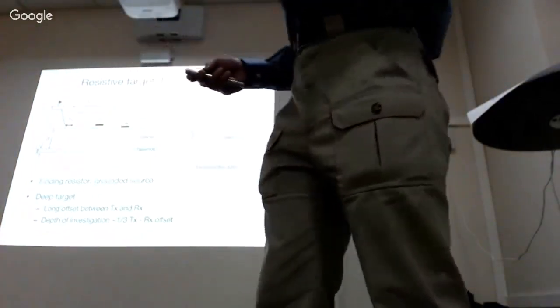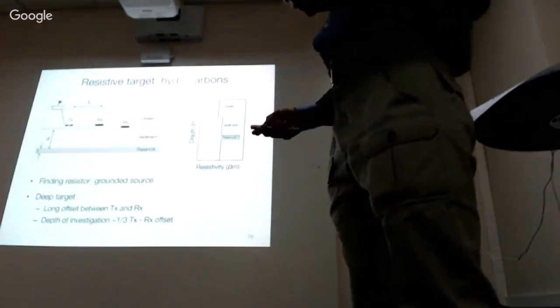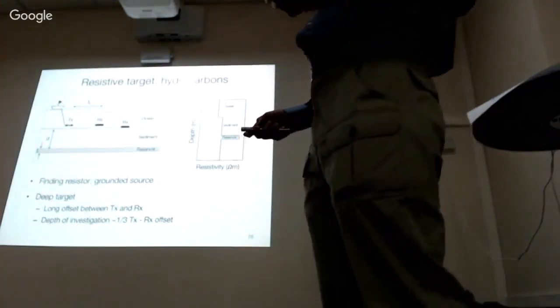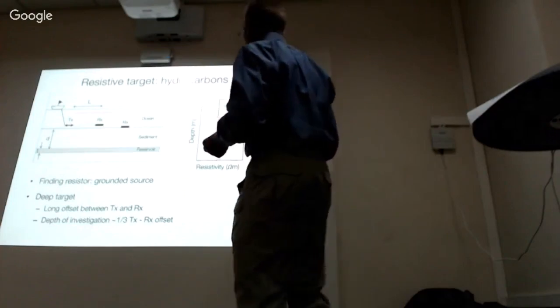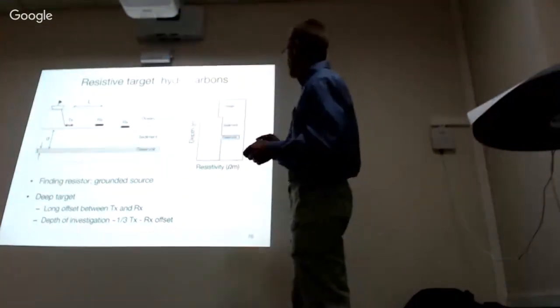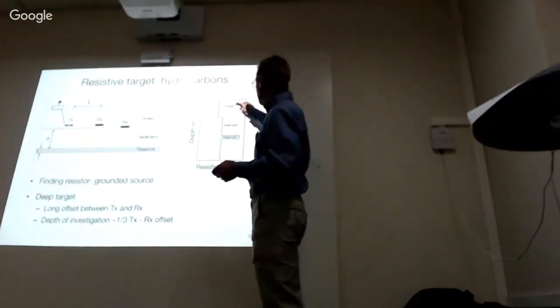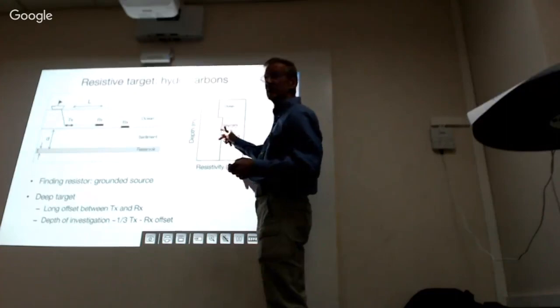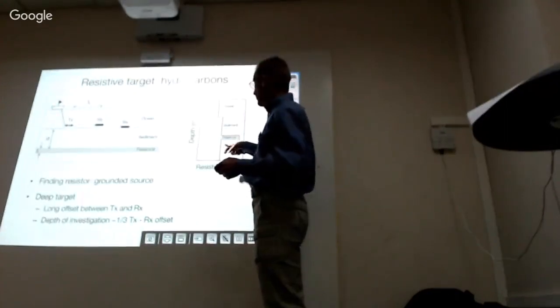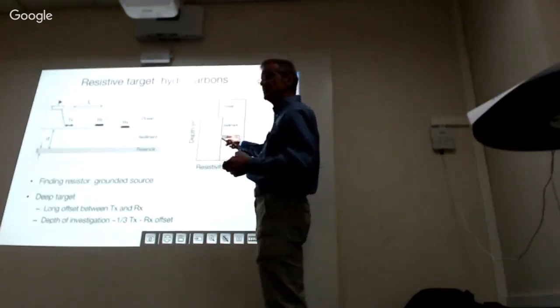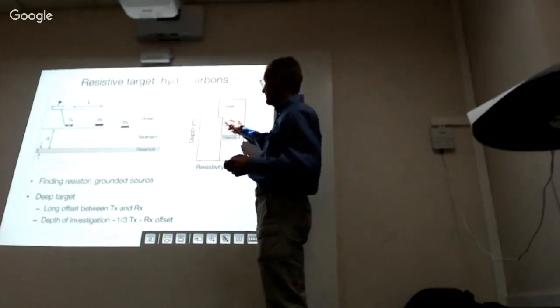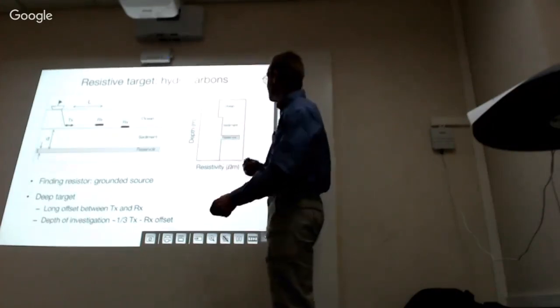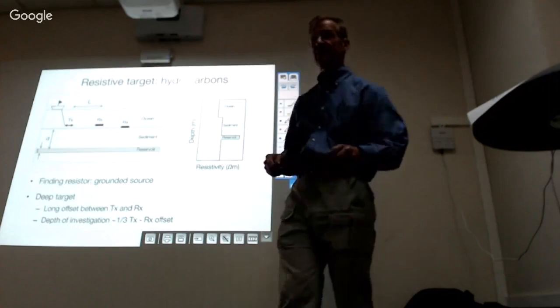When seafloor EM first came into play, about a decade and a half ago, the question was really as follows. We've got ocean, and we've got sediment, and then maybe if there's a hydrocarbon layer here, it should be really resistive. So the question is, can you see a resistor inside this basement?